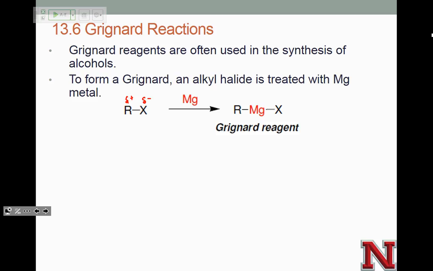So our metal is more electropositive. So now we have a partial negative R group.